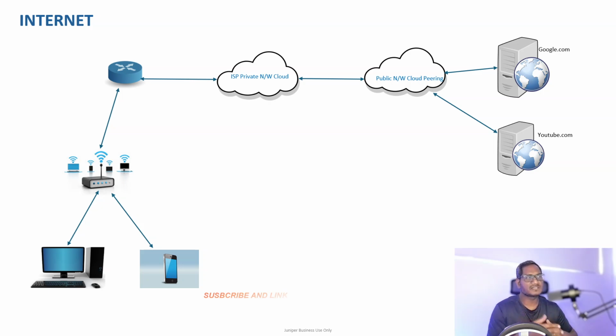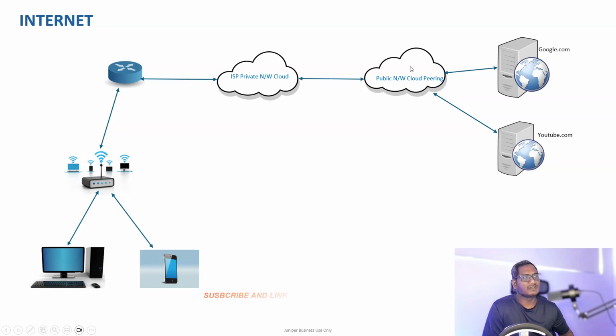ISP stands for Internet Service Provider. They provide the service, but they don't actually host the servers. Consider you have Telstra, TPG, and Optus. They all have their own network, built infrastructure, and internet cloud. When you connect to that internet cloud, they have something called public network cloud peering.